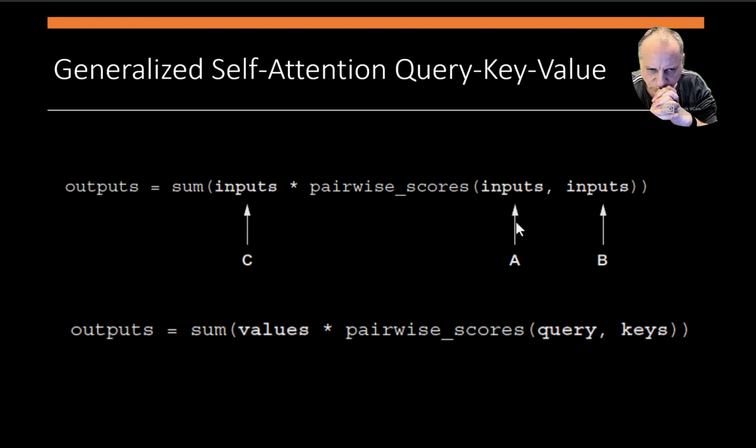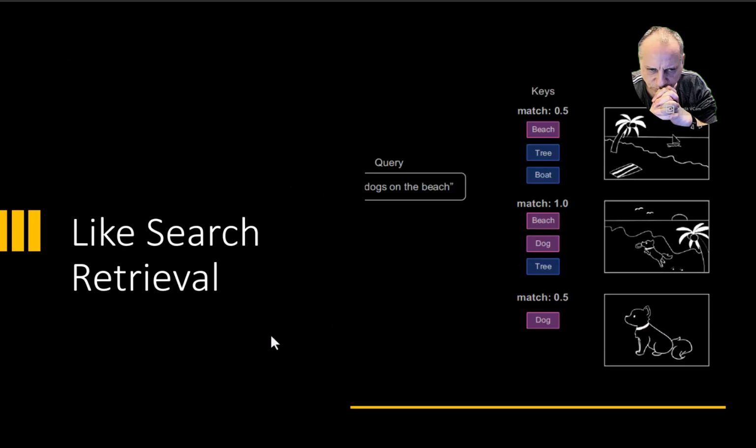So this input is kind of a query, and this input is kind of a key. And then when you find which key it is, the result weights that particular word for the attention.